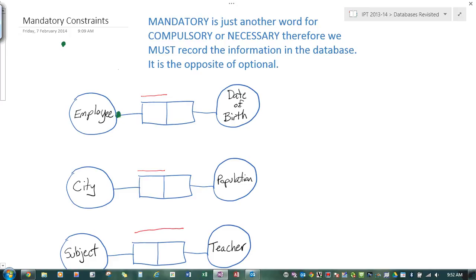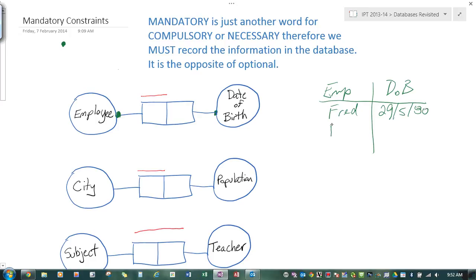Likewise, if we record their date of birth, do we need to record the employee on the other end? Yes, we do. If we look at it very simply in a table, here's our employee, here's our date of birth. If we have Fred, and he's born on the 29th of the 5th, 80, for example, we're saying that we need both of those.